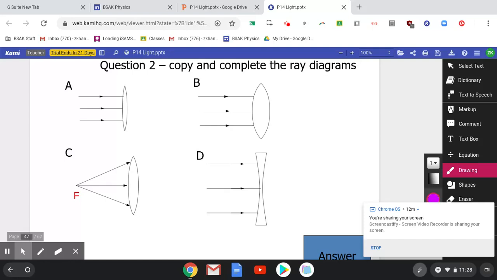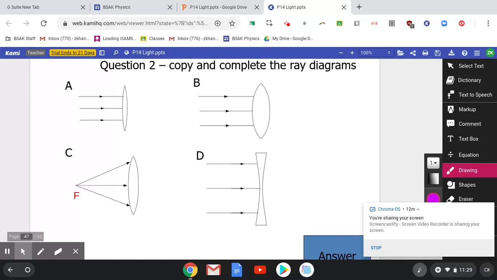So you've got a thin lens, a thick lens. How do you think the rays will change? Here, what we've got is light rays coming in parallel, and we've just discussed this in this lesson. Here, the light rays are originating from the focus point. So have a think about that.